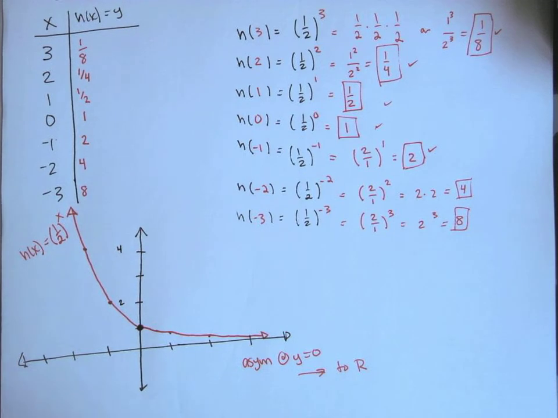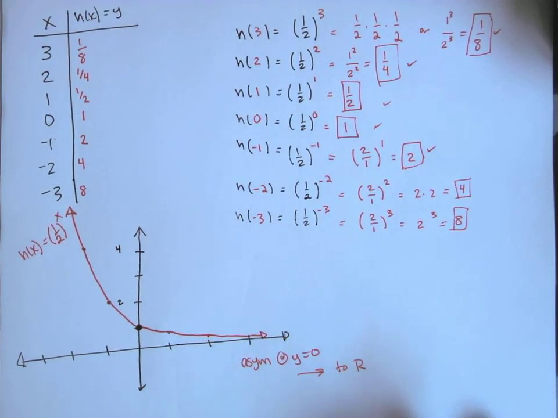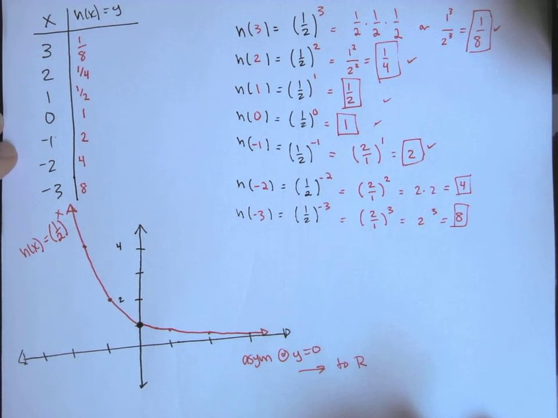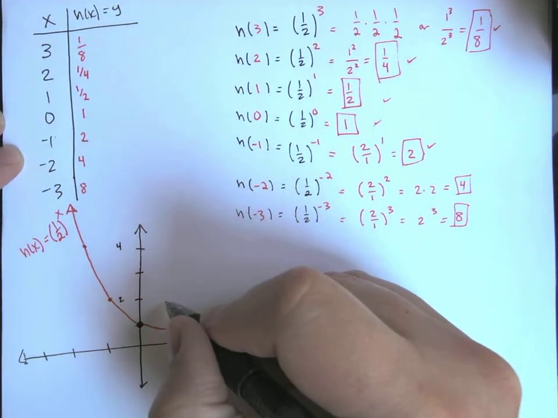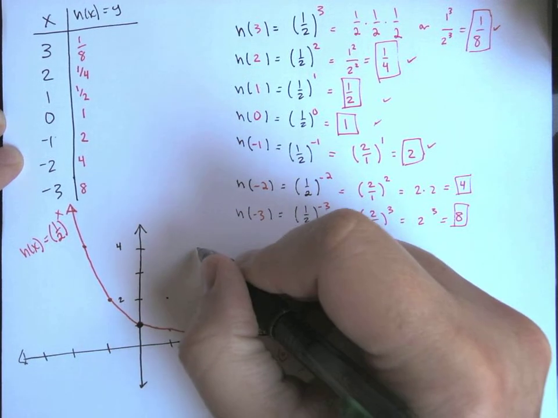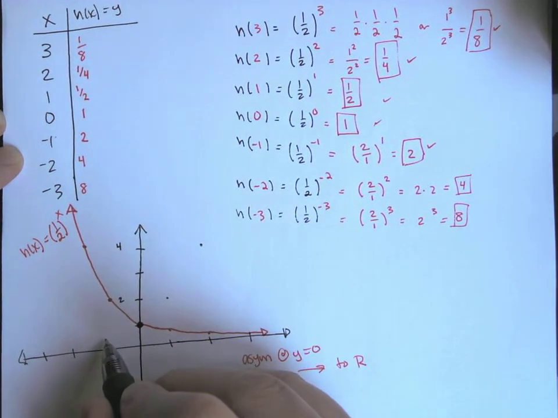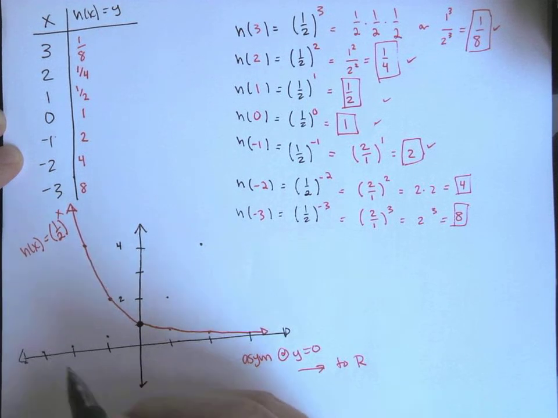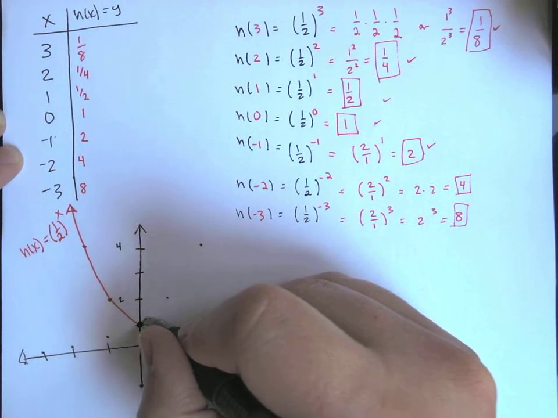If I redraw that 2 to the x graph, we'll do our points from memory. It was the same kind of shape, just coming from the other direction. So it was positive values on the right, and then our smaller fraction values, 1/2, 1/4, 1/8, on the left.